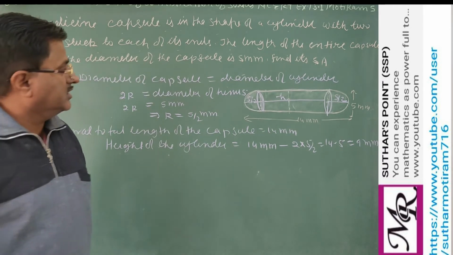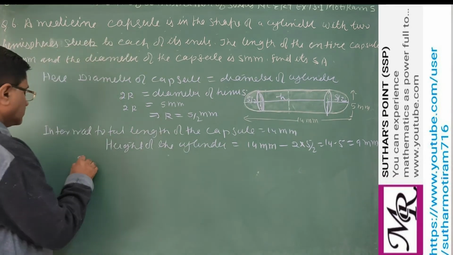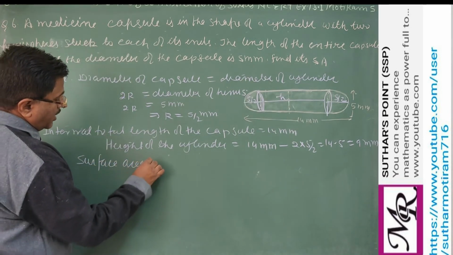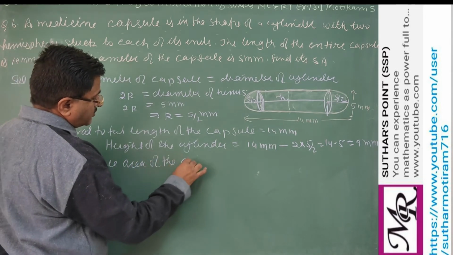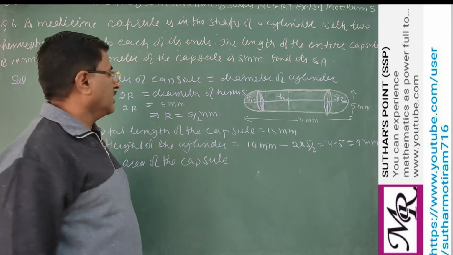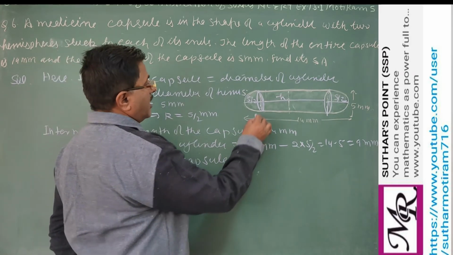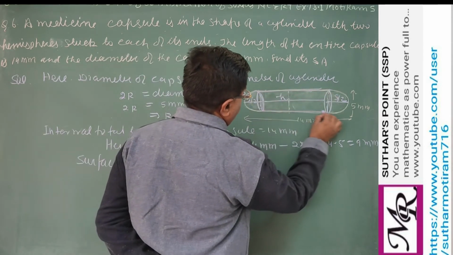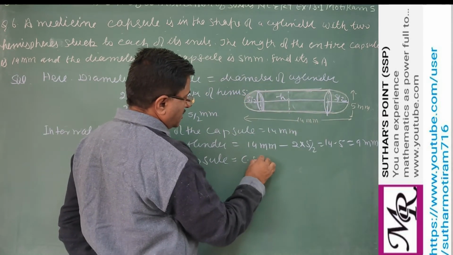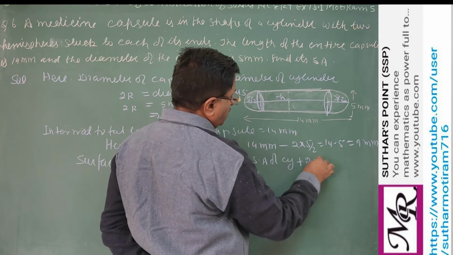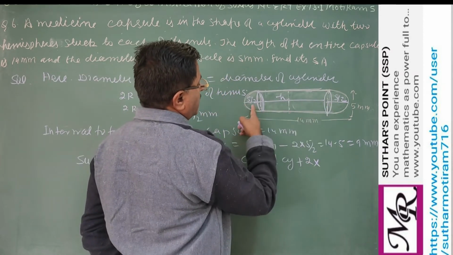So we get the height of the cylindrical part is 9 mm. Now we want to find the surface area. So the surface area of the capsule is equal to what? The total surface area is the curved surface area of the cylinder, plus 2 into the curved surface area of a hemisphere.